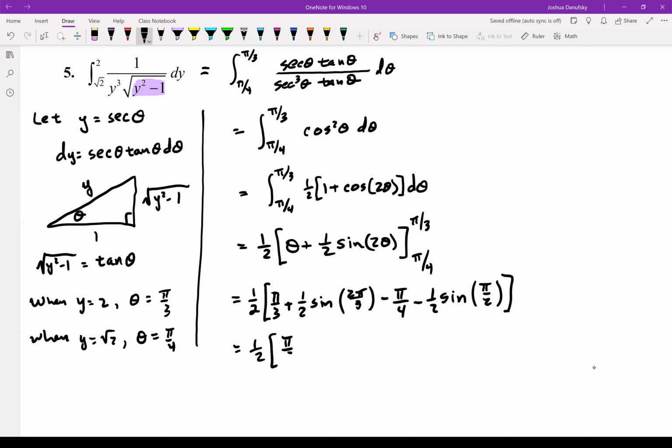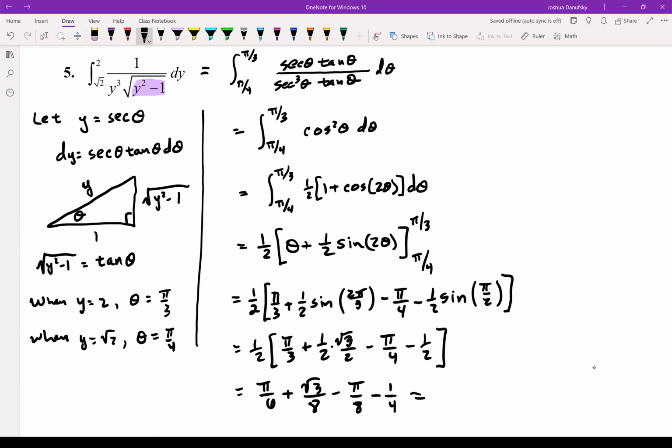So we have pi over 3 plus 1/2. The sine of 2 pi over 3 is root 3 over 2. And the sine of pi over 2 is 1. So we get pi over 6 plus root 3 over 8 minus pi over 8 minus 1/4.